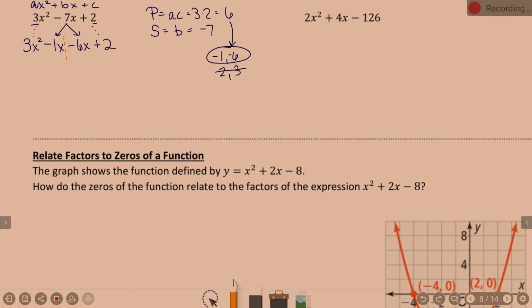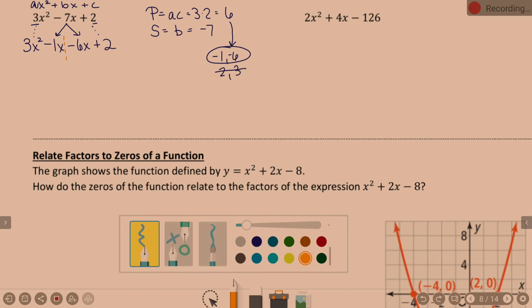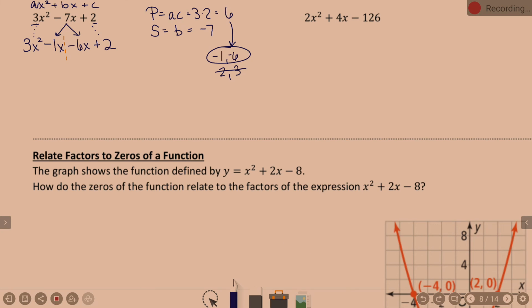GCF of the first half: 1x. And here's a hint. Your first GCF will always include an x because you'll always be taking from an x squared and an x. So this is 1x, or can we just write x? Yes, you can.